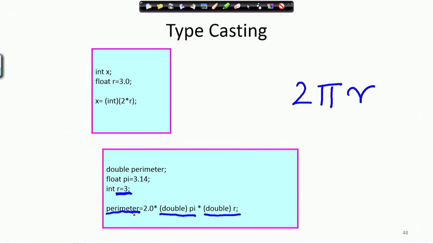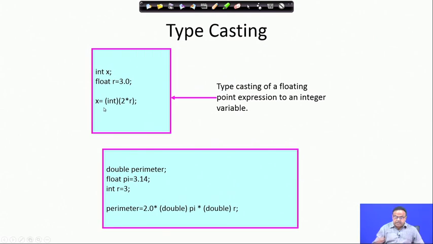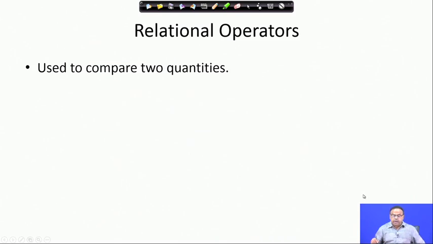So, this is another very powerful operation which we often need for scientific computation. So, typecasting of a floating point expression to an integer variable is shown here, and the typecasting to double has been shown here. We have already explained that.